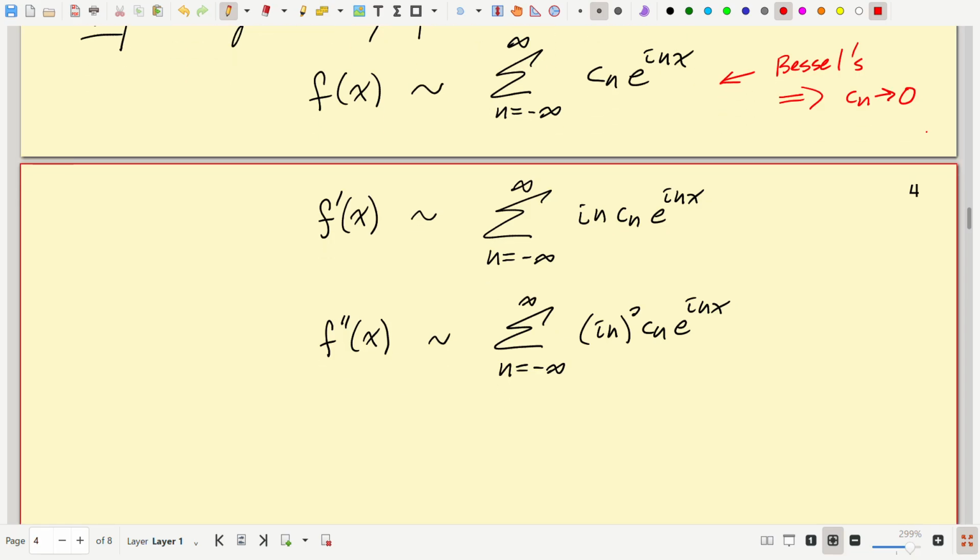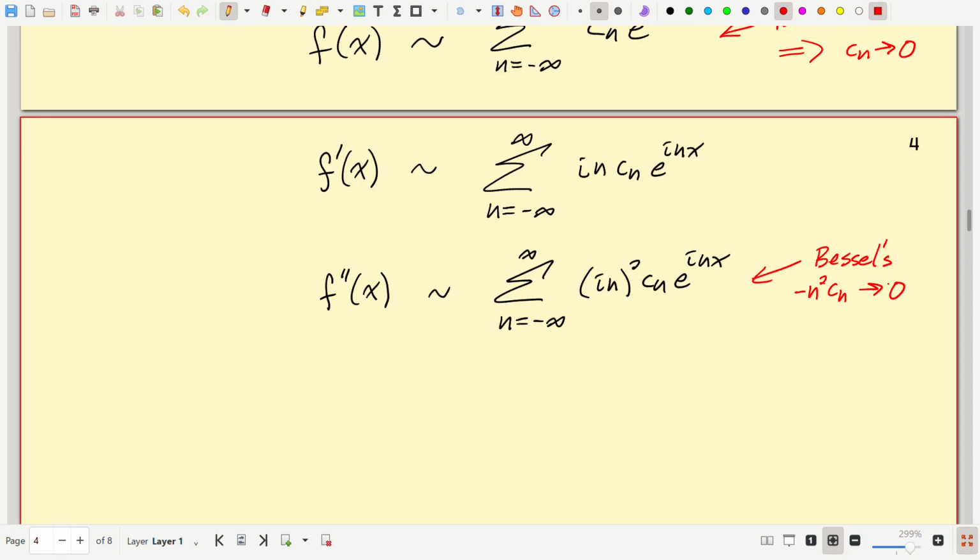And exciting here, Bessel's is going to imply that minus n squared Cn goes to 0. And that's a much stronger result. That means the Cn's go to 0 really fast. And in fact, a thing to note.